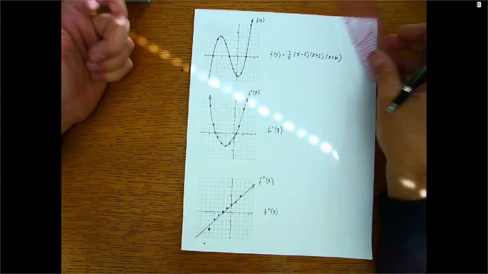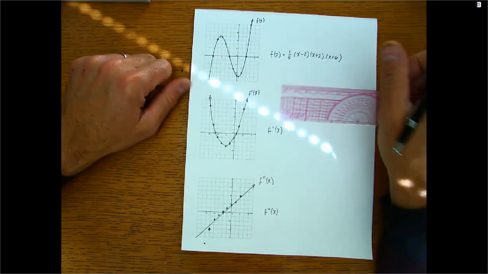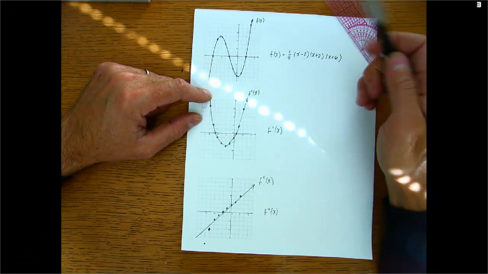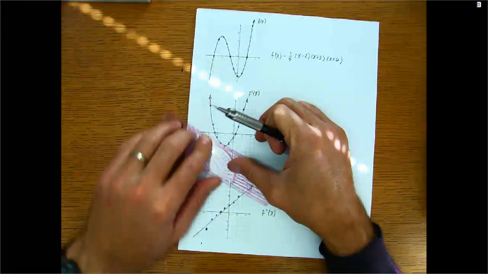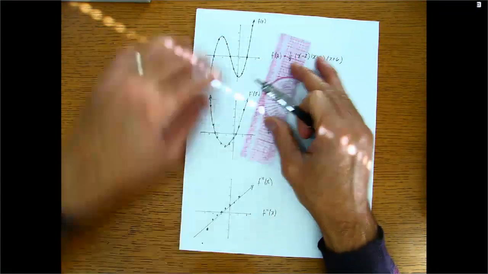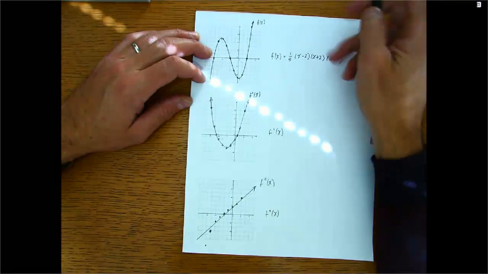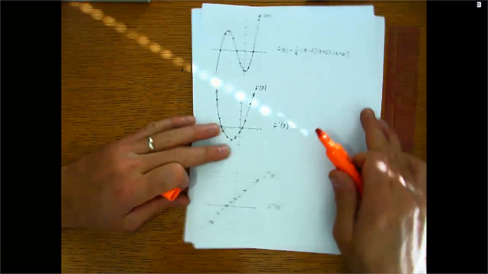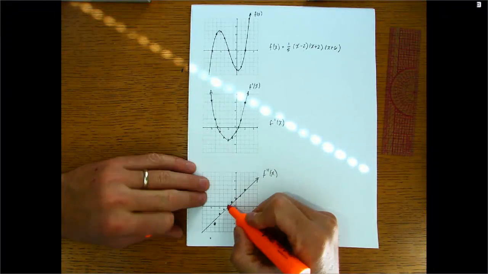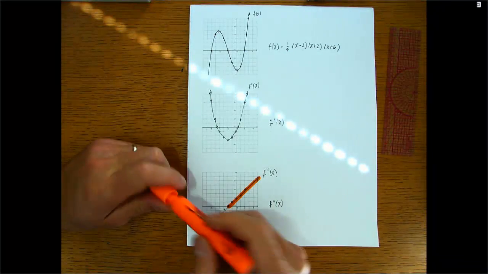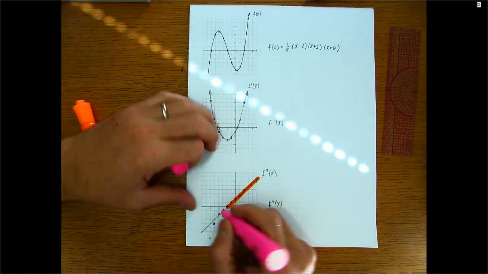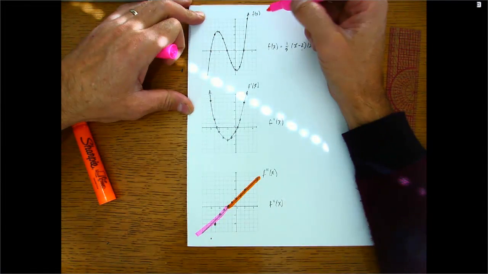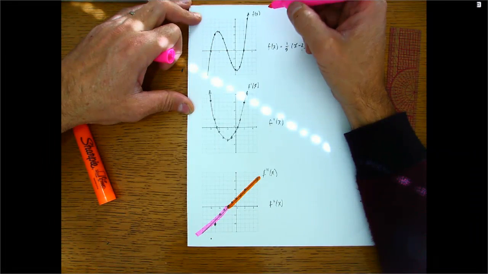So the question is, well, what does the second derivative tell us? Well, it tells us when the value of the derivative is either negatively valued or positively valued, right? So how does that translate then into the graph above? And so maybe what we should do is color in where the second derivative is positive, it's in this region, and where the second derivative is negative, and it's in this region. And then just go up to our graph and think about, okay, what does that tell us about the graph of the function?